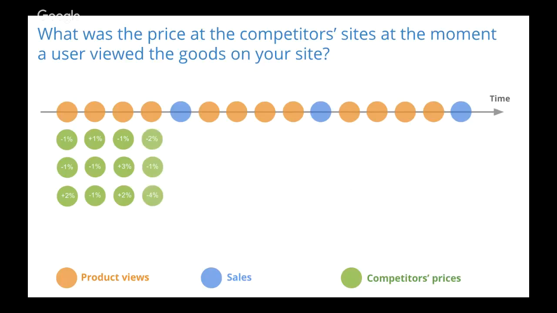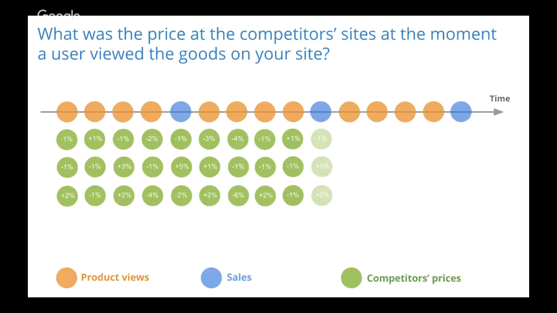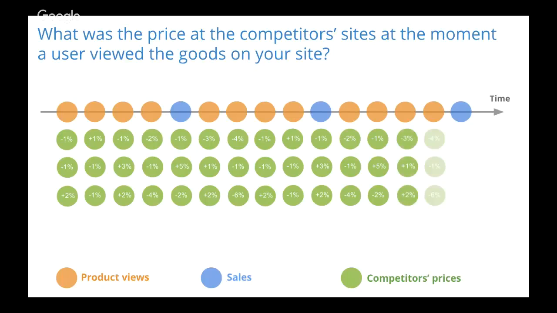We can see that if for some product prices are significantly higher at one or several competitors' websites, then a user is more likely to purchase the product at our website. So we see a clear correlation between these numbers and pricing.